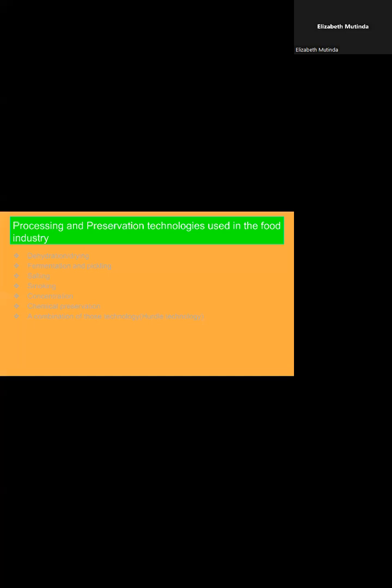We have fermentation and pickling of food. We have salting, smoking, concentration of food, chemical preservation, as well as what we call the hurdle technology, which is one of the emerging trends, whereby two or more methods of food preservation, like a combination of salting and smoking, are done together in one process to preserve the food.